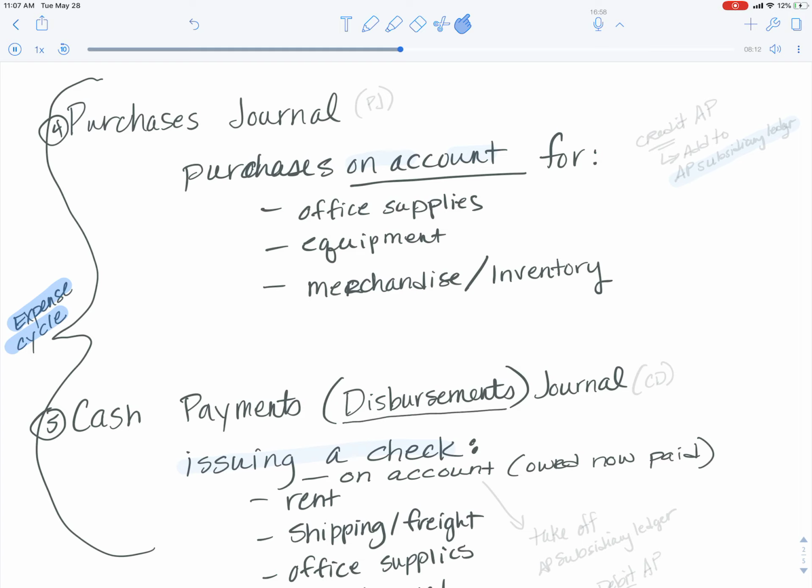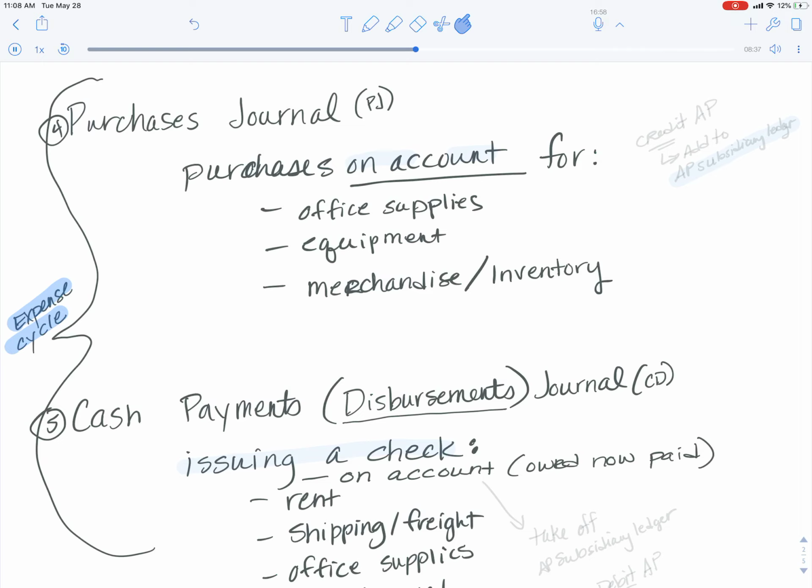Whenever we credit accounts payable, we have to add it to a list. We're going to call that the accounts payable subsidiary ledger. We might purchase on account office supplies, equipment, inventory. Those are just some common things.